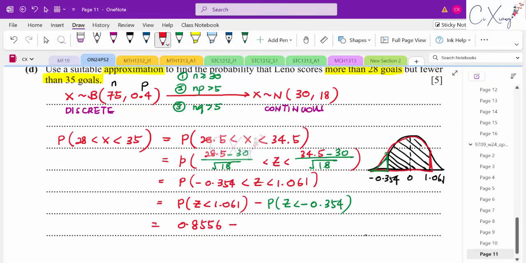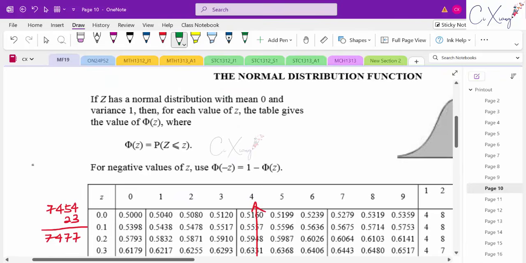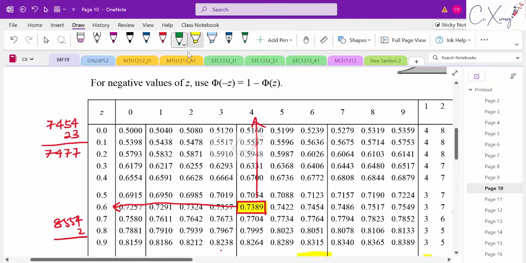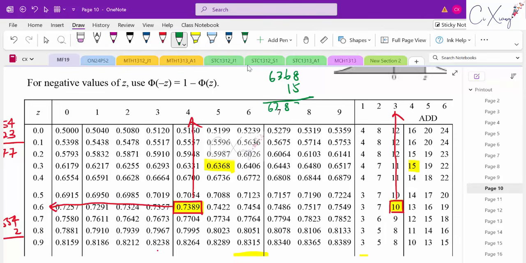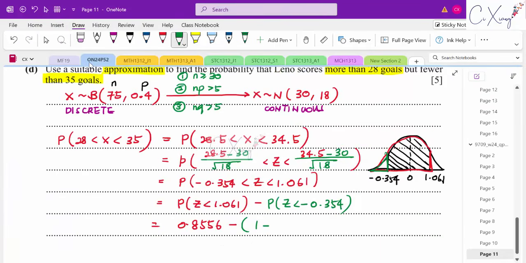Then minus, for this green color area here, you have to take 1 minus z smaller than 0.354. So I go to the table, looking for 0.35, 6368, and then 4 is 15. So you take 6368 plus 15, and by right you should have 6383. Then you go back, and you take 1 minus 0.6383.